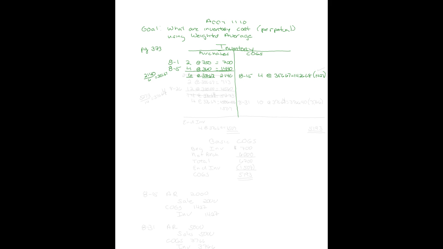So we sold 4, and we have 2 left. If you have 2 left at $356.67, how much does that leave you with in ending inventory? It's no longer $2,140. Let's just cross out this line. I think it'll be easier. We have the 2 units, and what is their value? 2 times $356.67 would leave you with $713.34.